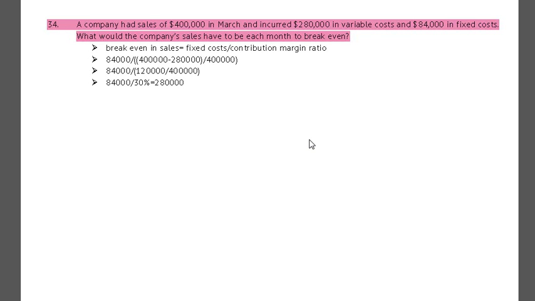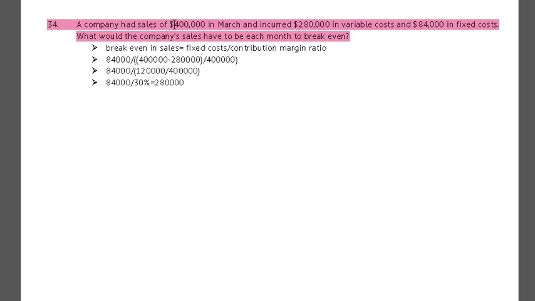So we'll take that contribution margin and divide it by the sales, and our sales in this one is $400,000. So this is the first part of what they're doing in order to calculate the contribution margin, taking our sales minus our variable costs. We get that figure, and then we want to take that figure and divide it by what our actual sales were.